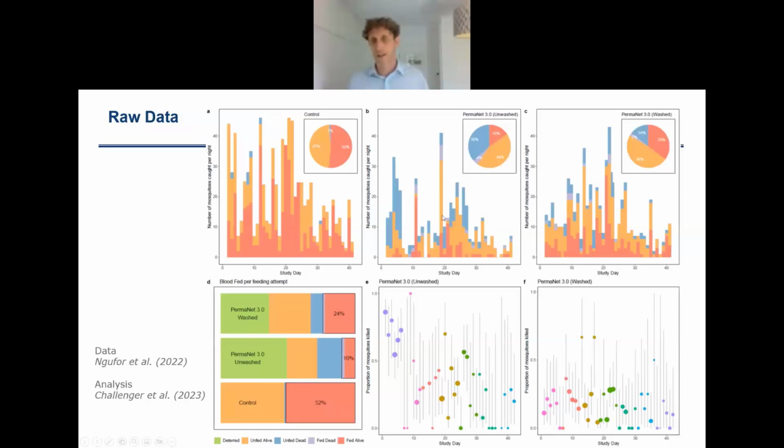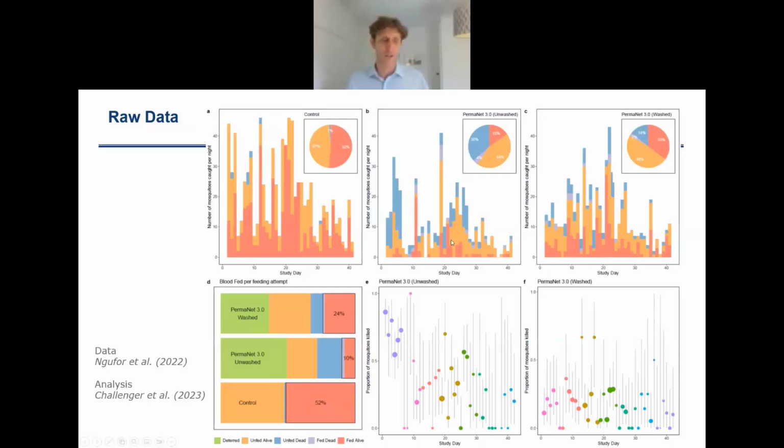What we also have here is the different arms of the study that we do in this one here. We have the numbers of mosquitoes that die are much greater in the nets with insecticide, and you can characterize the behavior of the mosquito from these different huts.